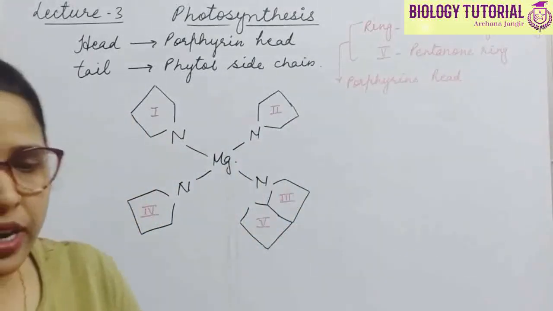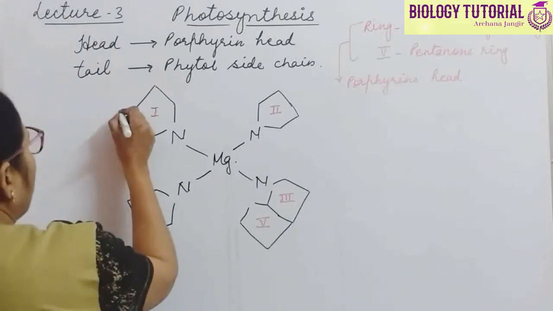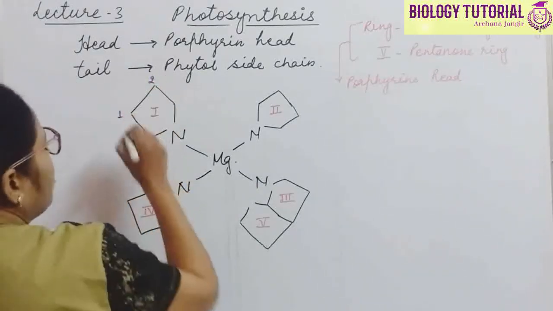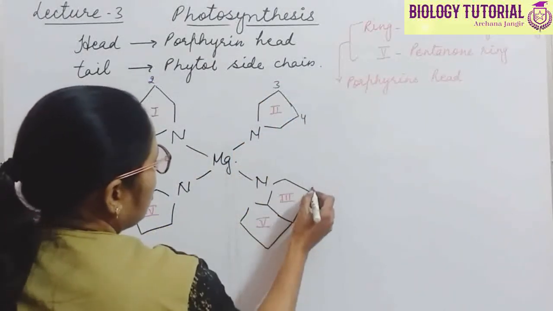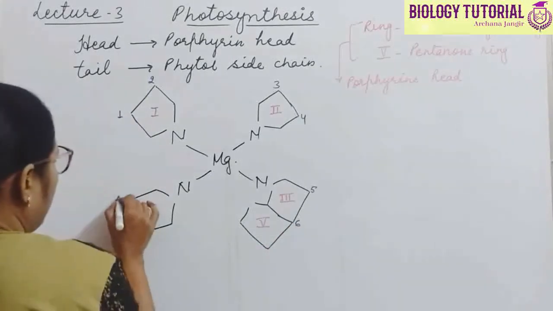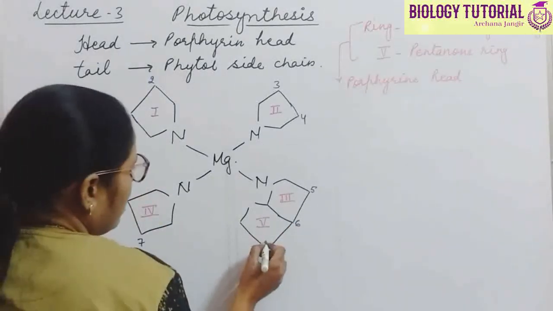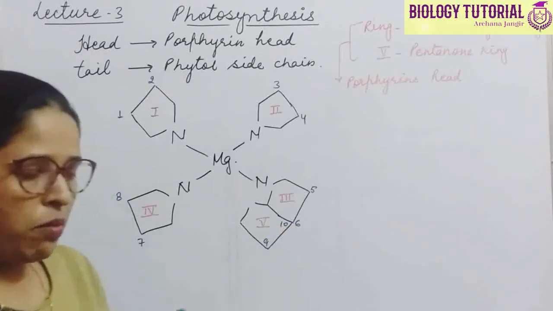Now the carbon atoms. This is carbon number 1, this is carbon number 2, this is 3, 4, 5, 6, 7, 8, 9 and 10. Okay, so these are the carbon numbers.